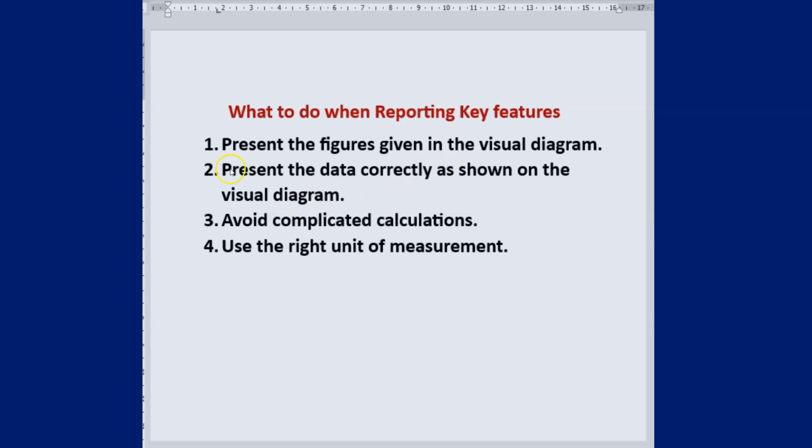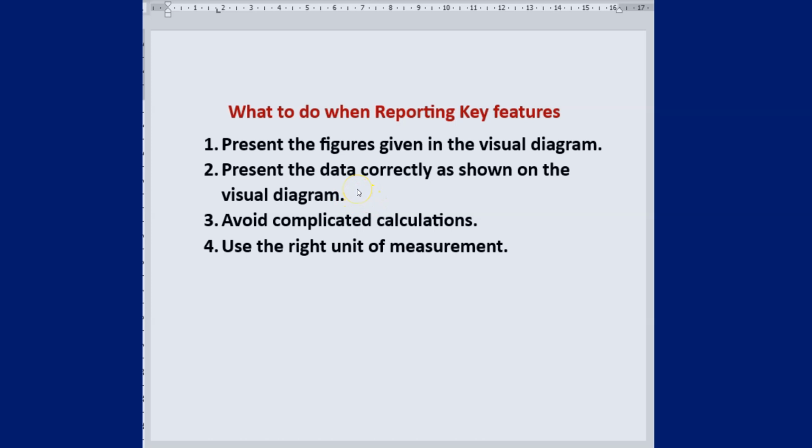Secondly, you are supposed to present the correct data as shown on the visual diagram. So make sure that if it is 100, you are writing hundreds. If it's 1,000, you are writing 1,000, 10,000 and over. Make sure that you write the correct data there.